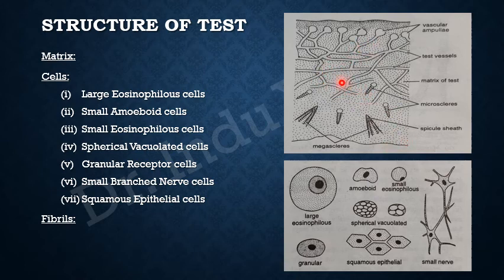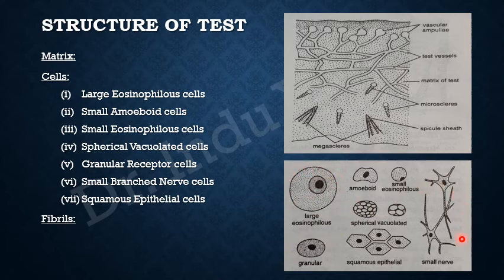So let's come to the first type of cells which are embedded in the matrix, and these cells are large eosinophil cells. Now come to the lower diagram and you can see the types of cells listed over here. These are the large eosinophils.